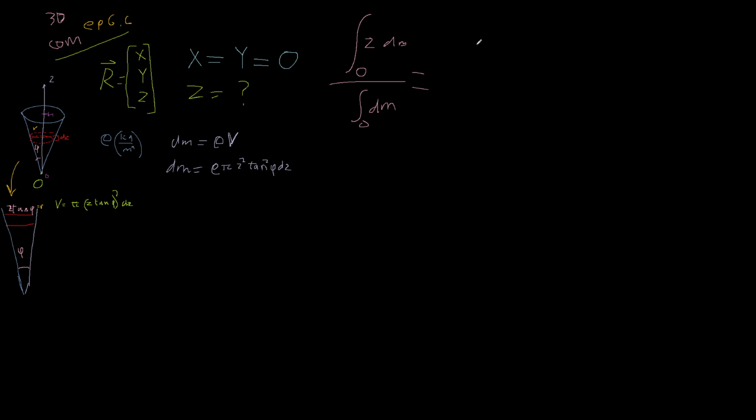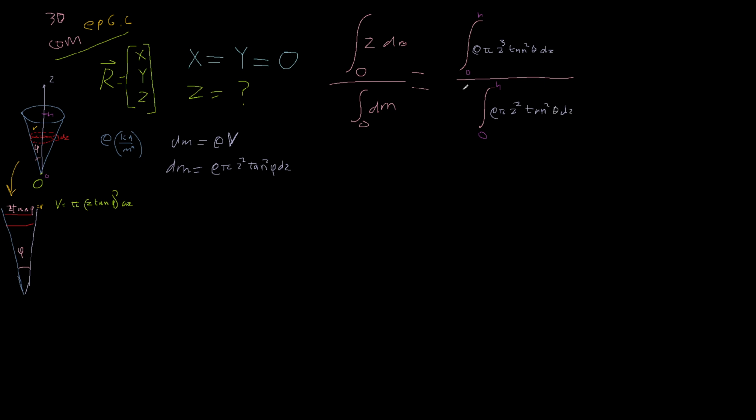So we want to write this integral, from 0 to h of rho pi z cubed tan squared phi dz, over the integral from 0 to h of rho pi z squared tan squared phi dz.